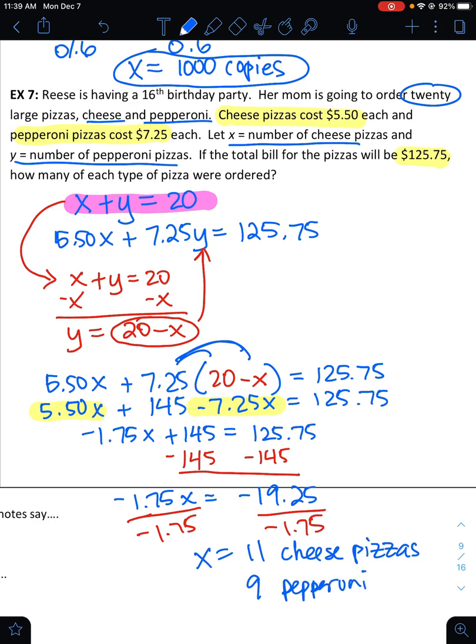Okay, so if you have an idea of what your topic is about, then you don't have to necessarily plug in numbers to calculate. I just know that if I have 11 and I need 20 altogether, there's 9 left. So I'm going to circle that. 11 cheese pizzas, and we have 9 pepperoni to finish things off.